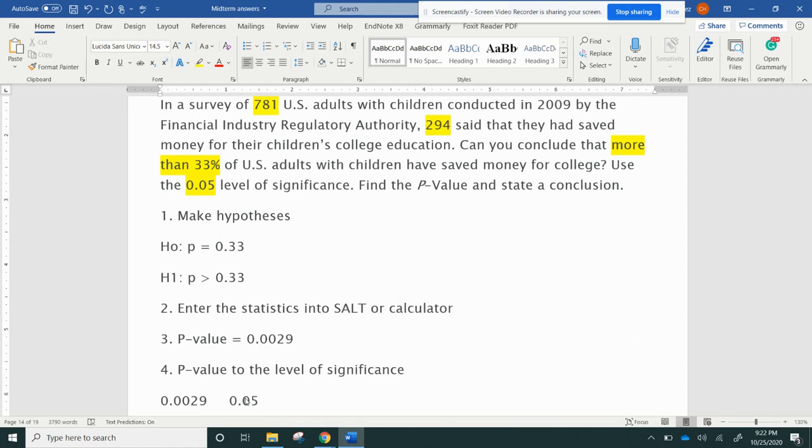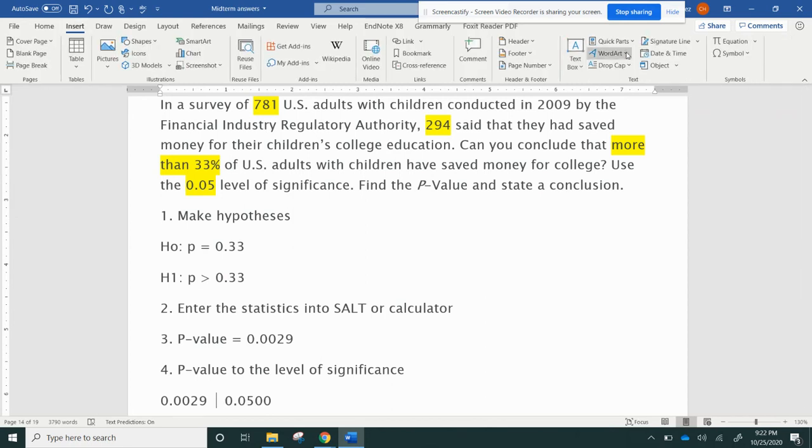All right, if the decimals are throwing you off, do yourself a favor. This is 4 decimal places. I'm going to add zeros here to make this 4 decimal places. So now I can compare it. So if I look at 29 compared to 500, I know this is less than or equal to that.